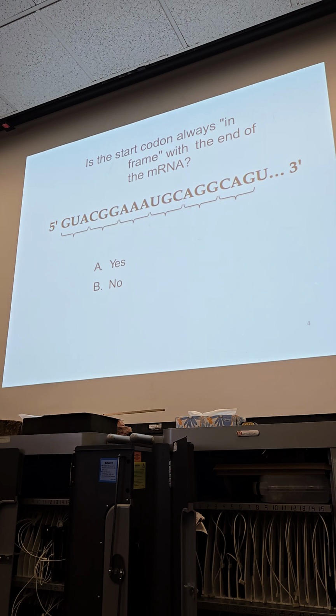No. RBS is a sequence that what binds to it? The ribosome. That is it. And then you run along until you find what? Start codon. As soon as you hit AUG, then it's every 3 after that.